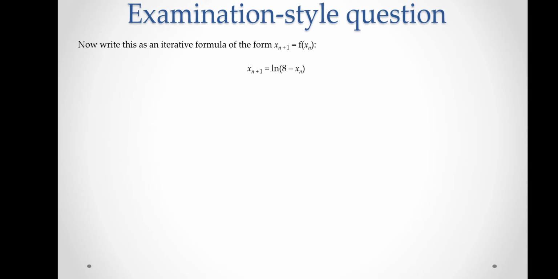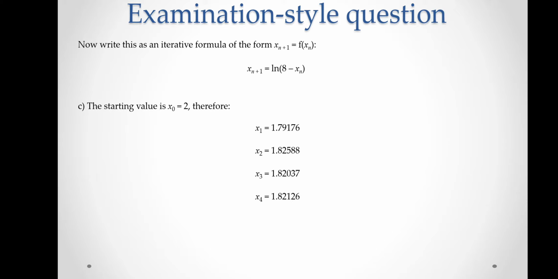So then you can take this formula as an iterative formula. So then xn plus 1 is equal to ln 8 minus xn. So then after that, by taking x naught as 2, you can find the value of x1, that is 1.79176. Then x2 also you can find from your calculators. Then repeat the process and find x3, x4 and x5.